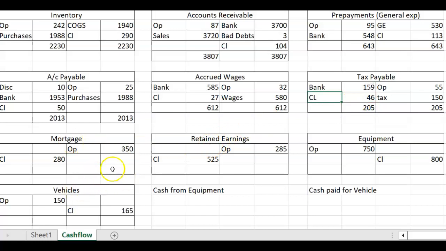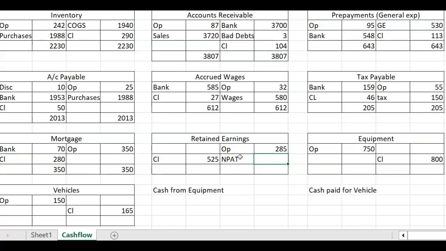Mortgages are a pretty easy one. The only change to make the side balance is we've got bank, and that's a payment for mortgage. So your mortgage has gone down by 70,000, so that means we've paid 70,000 off the mortgage. Retained earnings are a bit trickier, so we've got our net profit after tax.